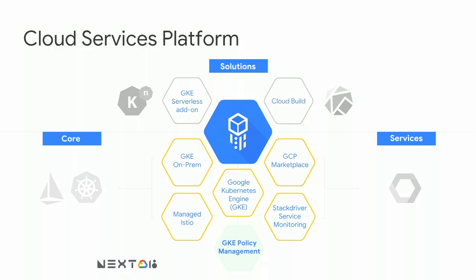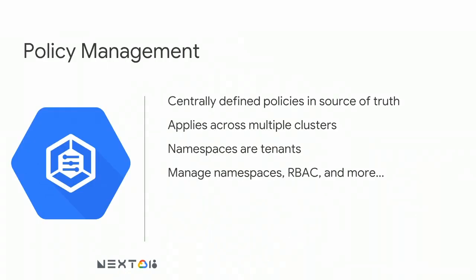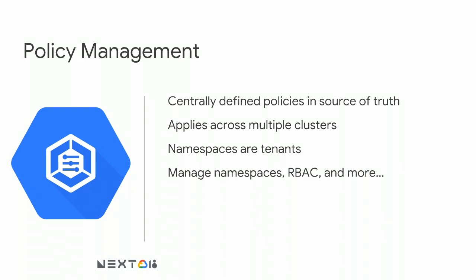So when we think about policy management specifically, we're thinking about centrally defined policies in a source of truth. So you want one place to go look at where you can say, here are all of the tenants in my environment across all of my clusters. And you know that when you submit changes to that source of truth, it applies across all of your clusters.